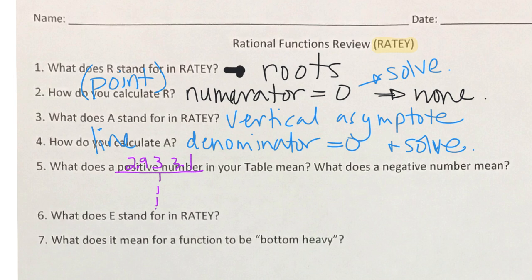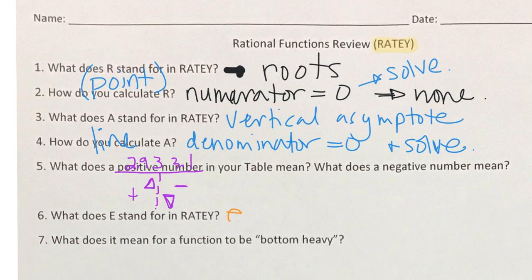If we have a positive number, the graph will go up to infinity, growing without bound on that side of your asymptote. If we have a negative, the graph will shrink without bound down to negative infinity. It doesn't always have to be plus on the left and minus on the right. Whatever side your plus or minus is on, your graph will go up or down on that side of your vertical asymptote.